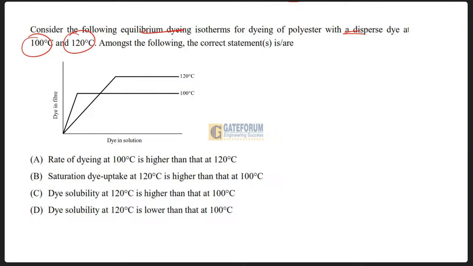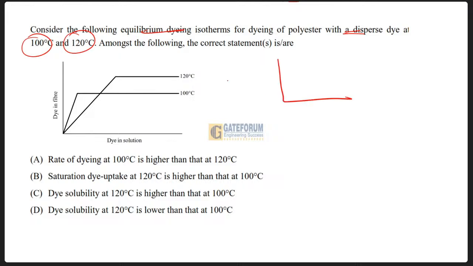When we talk about polyester and disperse dye, and the isotherm concept, you must have read about the isotherm for the adsorption of disperse dye on hydrophobic fibers, that is polyester. So for polyester, there is the Nernst isotherm.